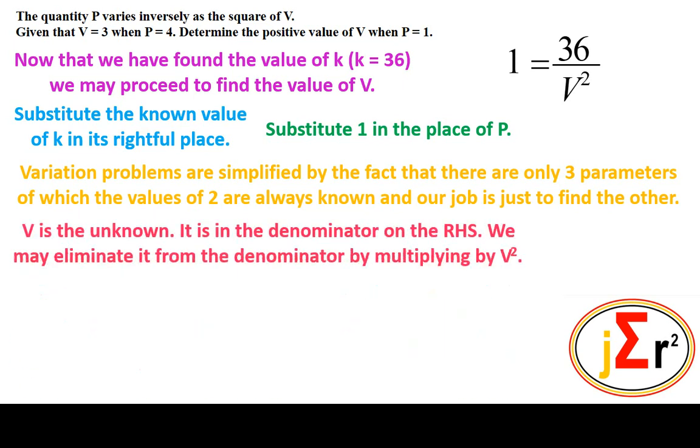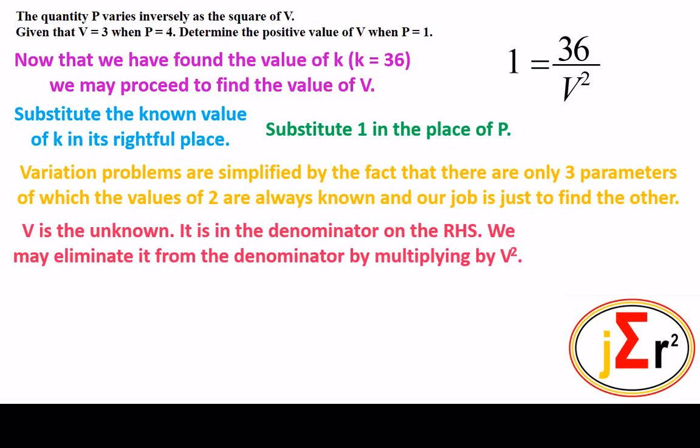V is the unknown, because we are going to find the value of v now. V is the unknown. It is in the denominator on the right hand side. We may eliminate it from the denominator by multiplying by v squared. Now candidates, when we are solving an equation, a numerical value denominator is not the only thing that we might eliminate.